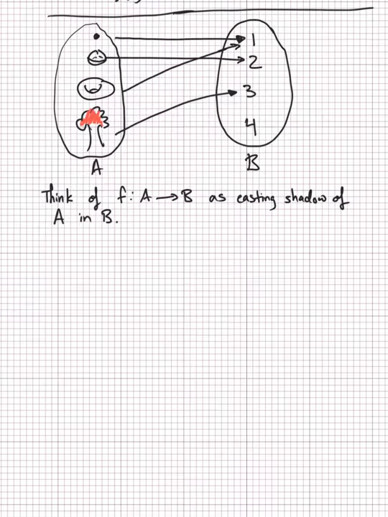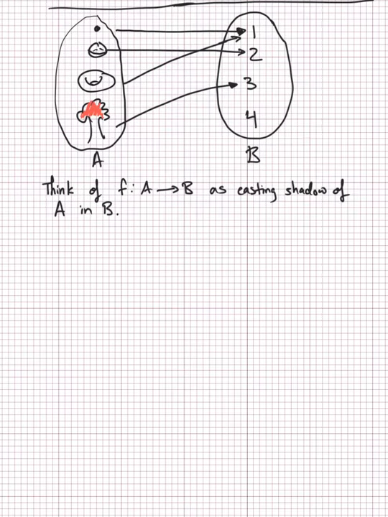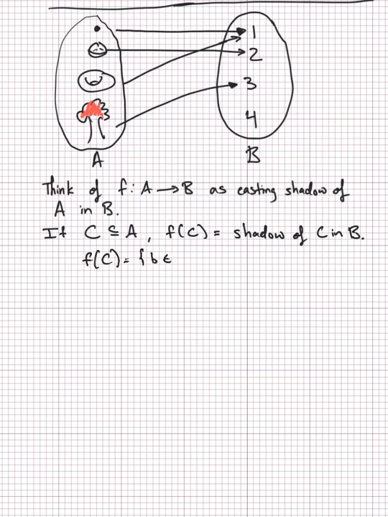So this function gives two natural ways to relate subsets now. If C is a subset of A, then f of C is the shadow of C in B. In other words, it's the things in B that are hit by elements of C. So this is called the image of the set C: the b in B such that there exists some element c of C so that f of c is equal to b.